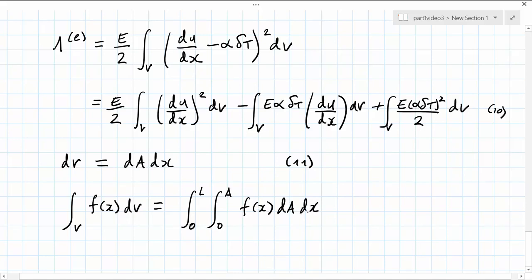And because, as we said before, the area is constant, that can move outside of the integral to give us the area multiplied by the integral over the length of the element of f of x dx.